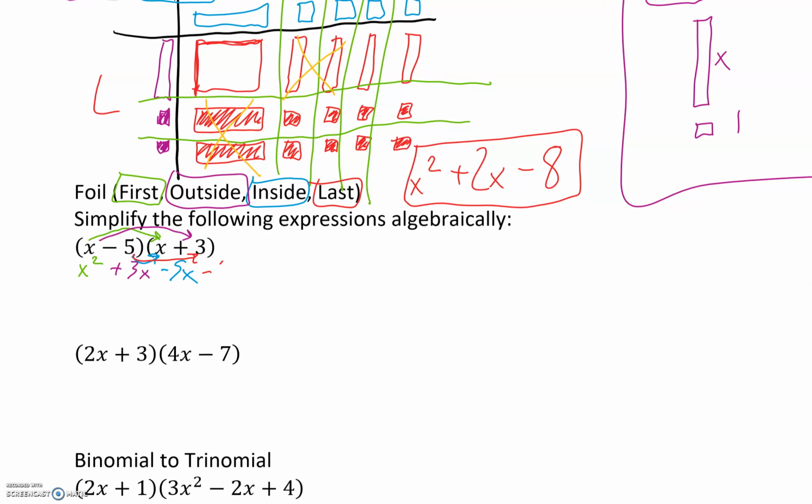So we have negative 15. And here's where we combine like terms. So you can see the middle terms both have x to the degree of 1. And so when we combine like terms here, x squared stays the same. And then we have negative 2x minus 15 as our final answer.